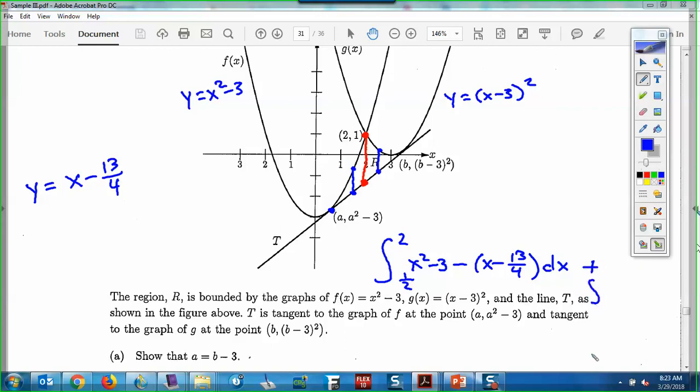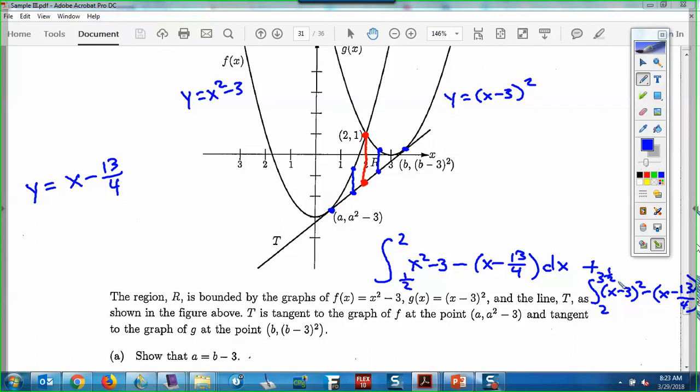And then plus the integral here would be this parabola, so that's x squared minus 3, minus the line x minus 13/4, right? And like we said, it said set up, and that was from what to what? From 2 to whatever b was. What was it? 3.5, 7.5. Okay, either way.